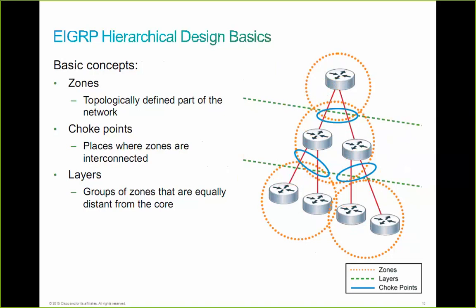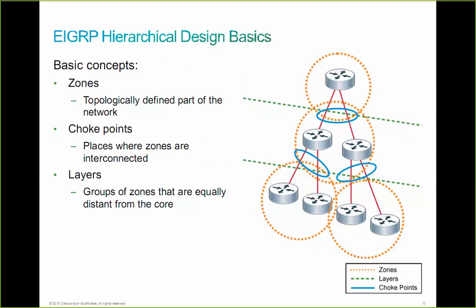Now, that being said, these are logically called zones, right? You can see the dotted orange lines represent these zones. Now, it's not something we physically configure in EIGRP. There's not a configuration that says, make this a zone, make this a zone, right?